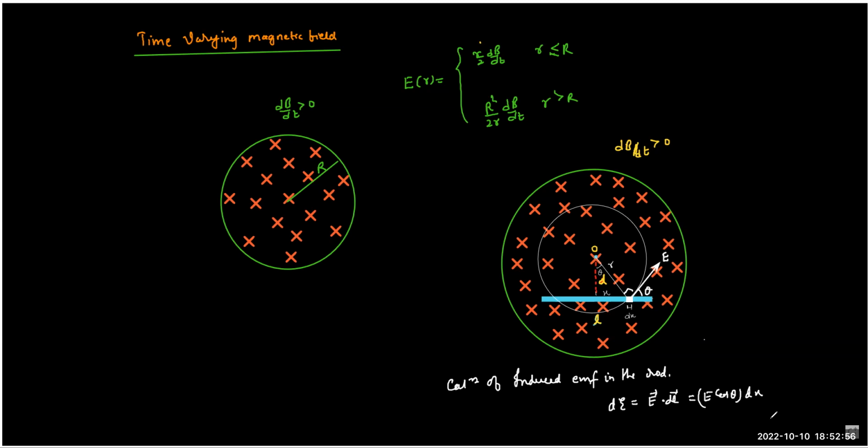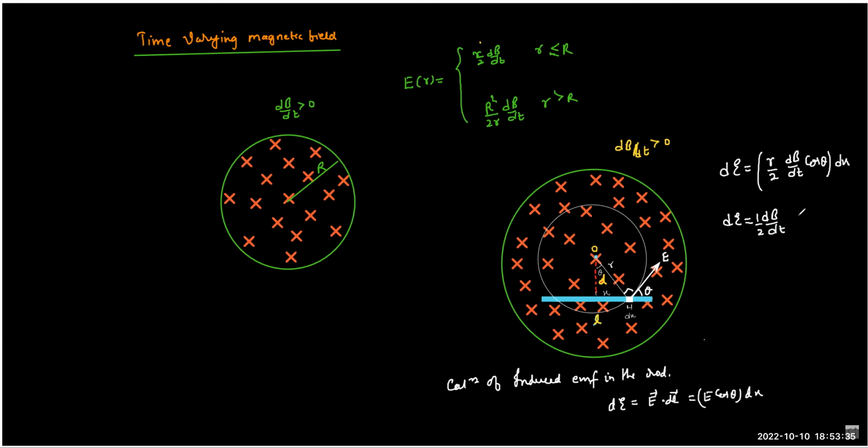And now we can substitute the value of E, which we know already. The dε, and the formula for E we can write as R by 2 dB by dt cos theta dx, and therefore this will become dB by dt, 1 by 2, and R cos theta.